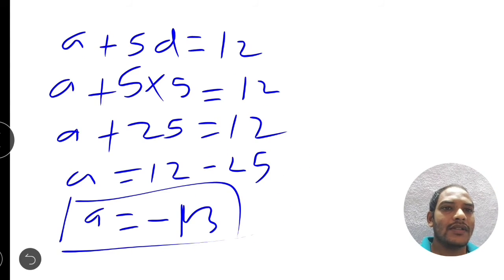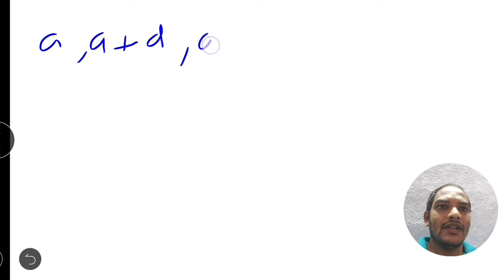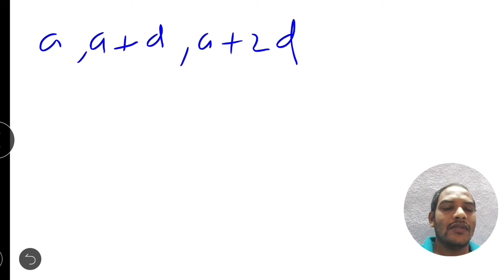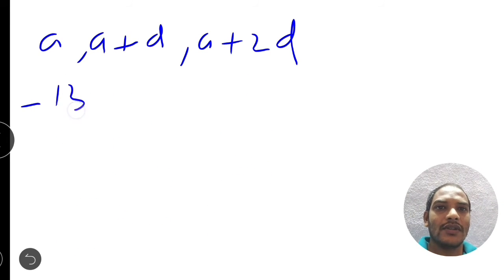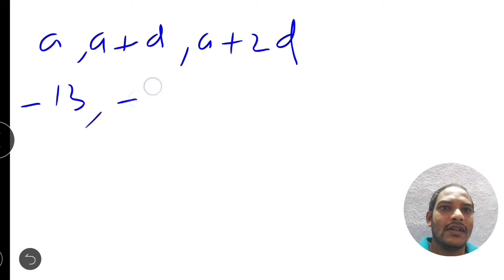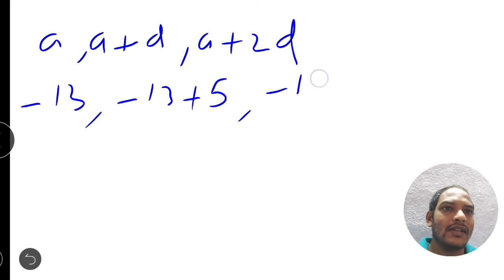Let's write the first three terms of the AP. We know very well the first three terms are a, a plus d, a plus 2d. He asked only for the first three terms, so I am not taking the dots symbol. The a value is minus 13, so the first term is completed. Second term: minus 13 plus the d value 5. Third term: minus 13 plus 2 into 5.